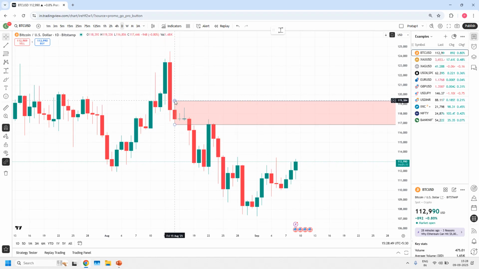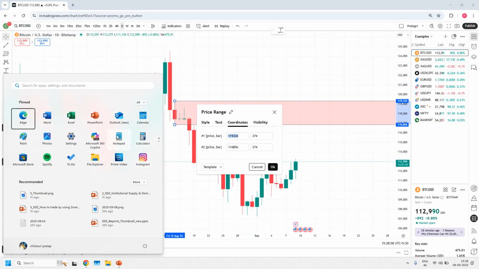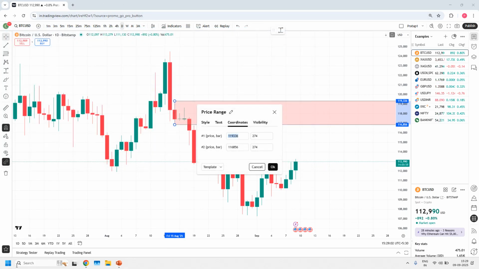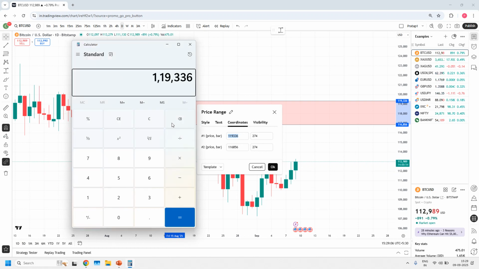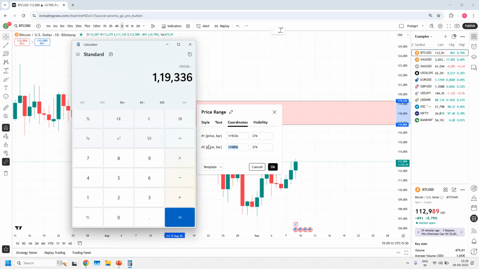So let us calculate your risk. Minus, because Bitcoin is in US dollars.